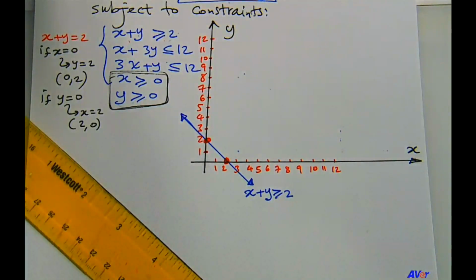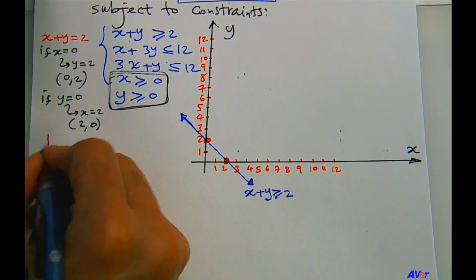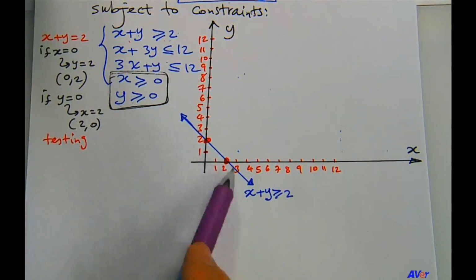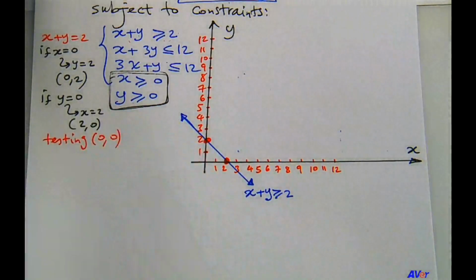Okay, so let's pick a test point. Notice that this line is not going through the origin, so we can pick the origin as a test point. If it did go through the origin, then we couldn't test the origin because we already knew that it would be on the line.